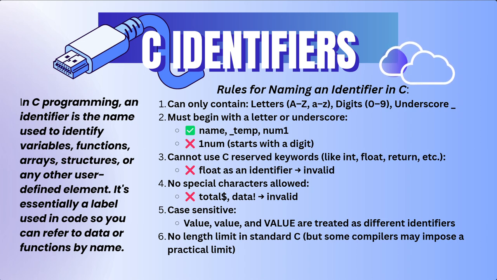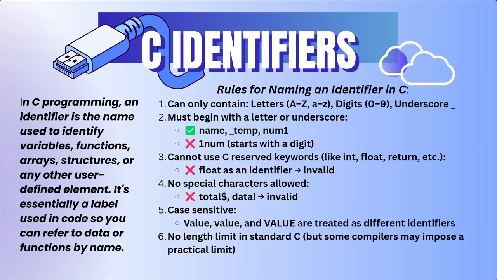Basically, when you call someone by their name, like my name is Rohini, you call me by my name and then I answer you. You can't just call me, "Hey you, girl, come on." You can't do that, right? Because I have a particular name. So whenever we use any kind of element in a programming language, we need to name them.